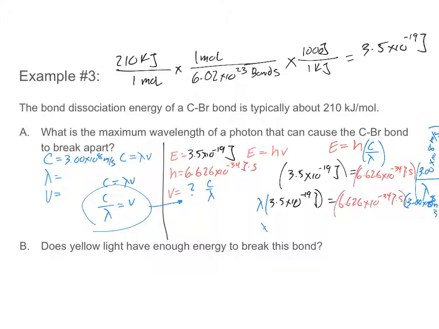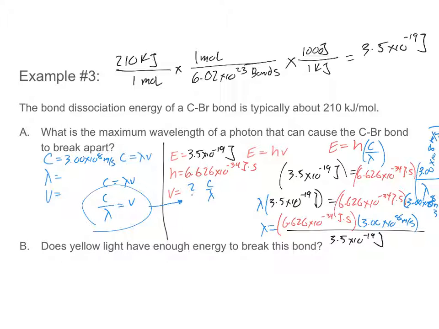To get wavelength by itself, I'm going to take the 6.626 times the 3 times 10 to the 8 divided by the energy, which in this case is 3.5 times 10 to the minus 19 joules.